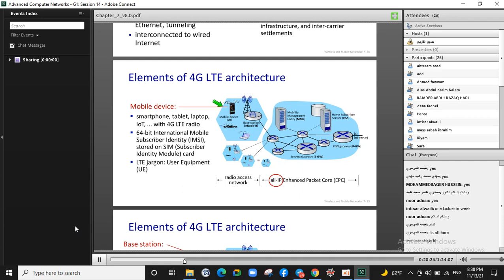When we talked about the cell phone and using cell phone technology, for example on a smartphone, we need a SIM card. SIM is an abbreviation for subscriber identity module.